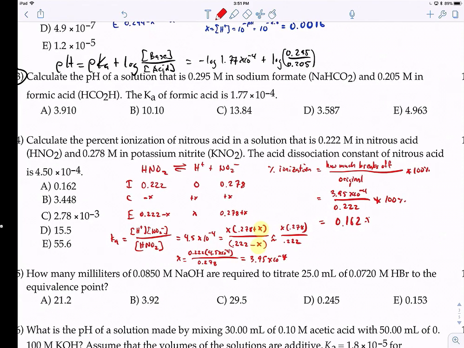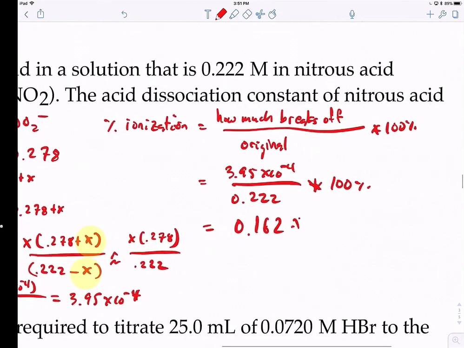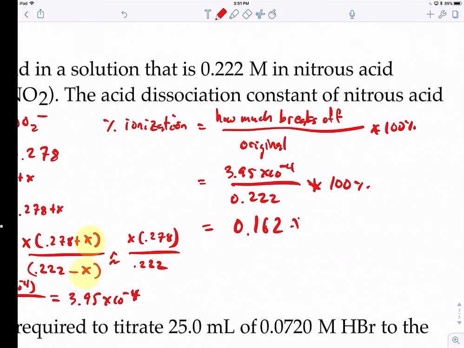Okay, so that's the part where I wanted to disregard the x, a common question, but that's true for several questions. The question is, how do you figure out the percent ionization? That's how much rips off over how much you had originally, times 100%.